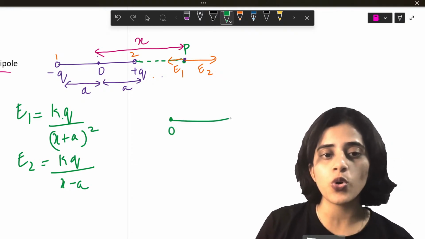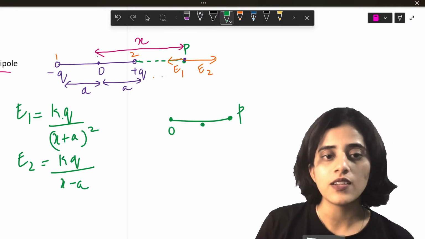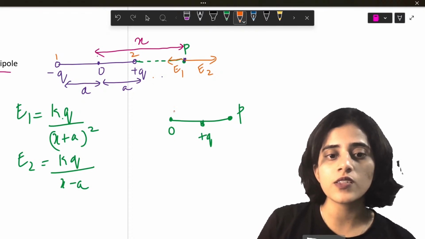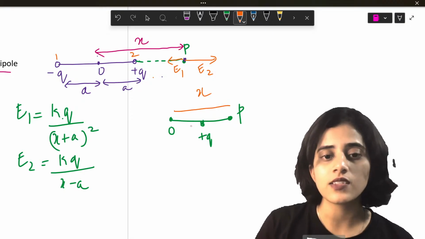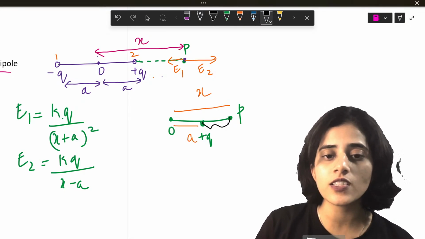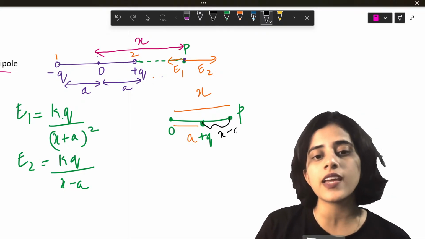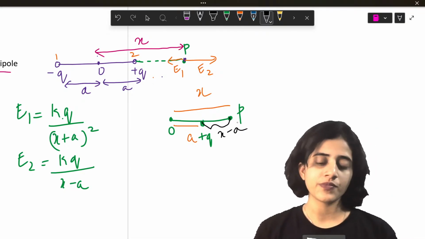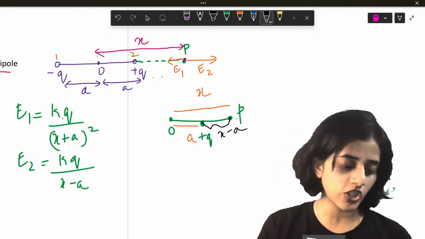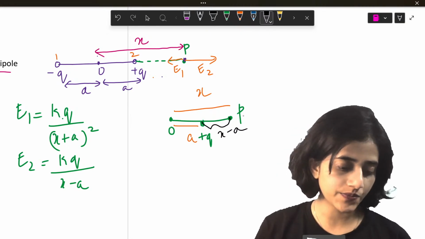So this is O, this is point P, this is plus q. So this whole thing is x, this whole thing is A. So I have to find this part. So this part is going to be x minus A. Okay. So those who want to take a screenshot of this can take it and check how this is happening.